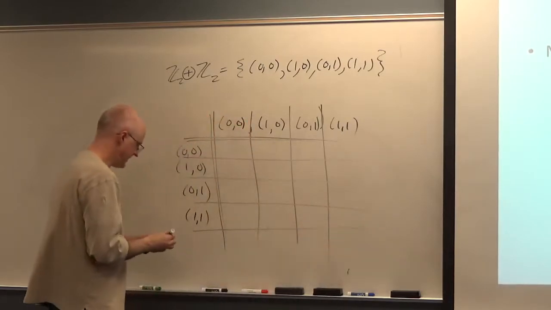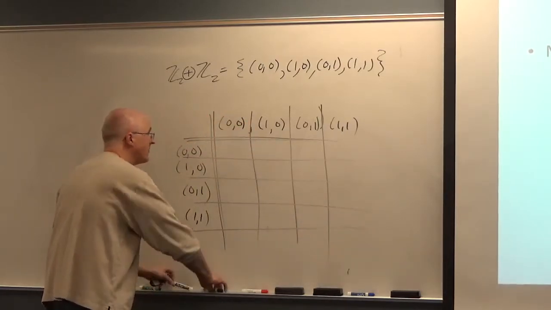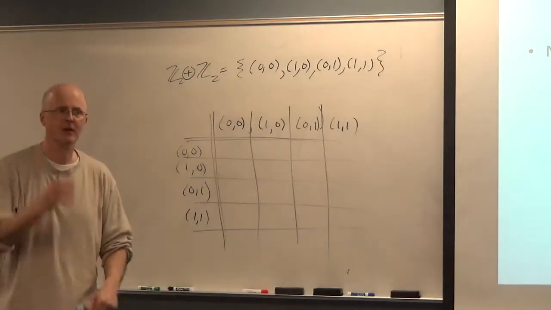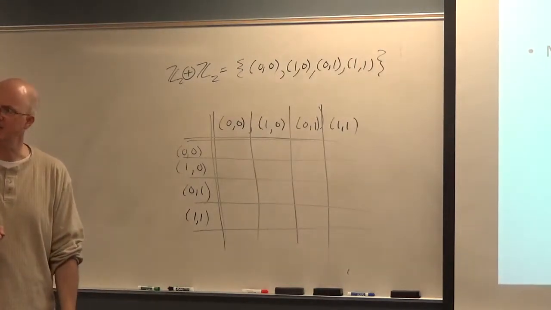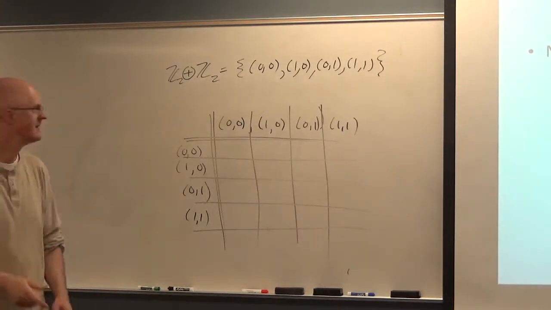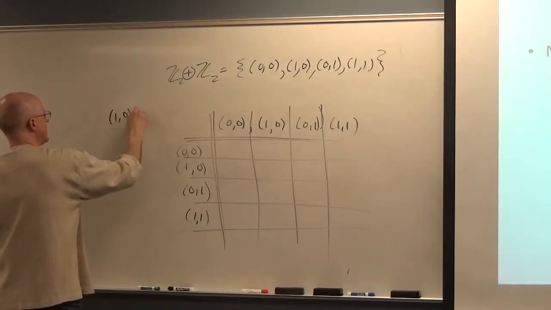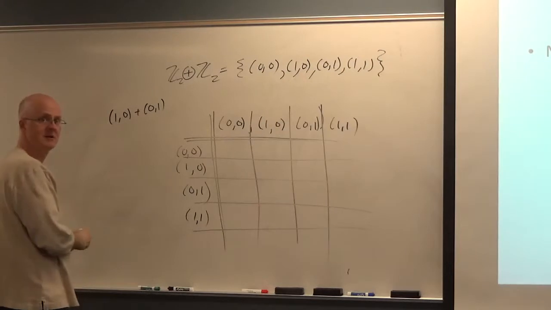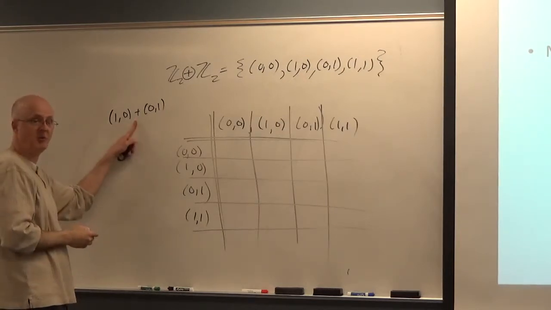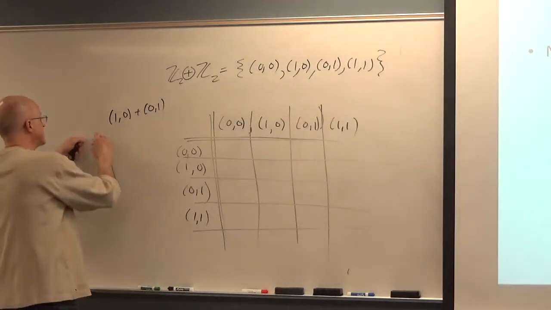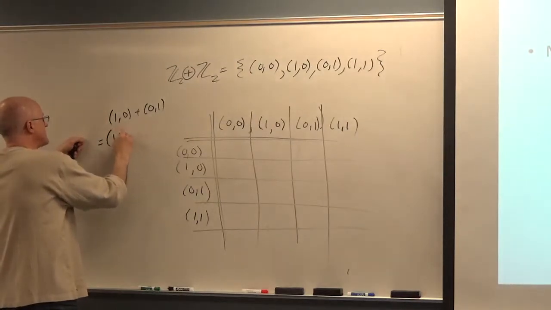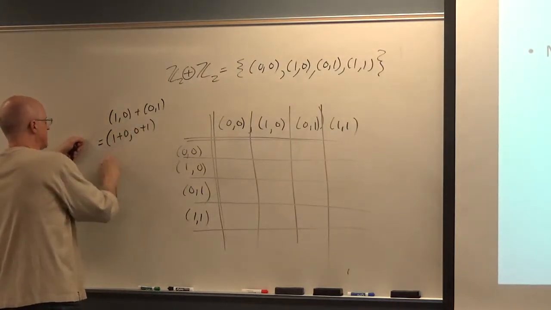Black marker is fading, and let's try another one. Operation is done component-wise. 1, 0 plus 0, 1, for example. I'm using addition here because the operation in Z2 is addition. It is the same as 1 plus 0, comma 0 plus 1, which is 1, 1.